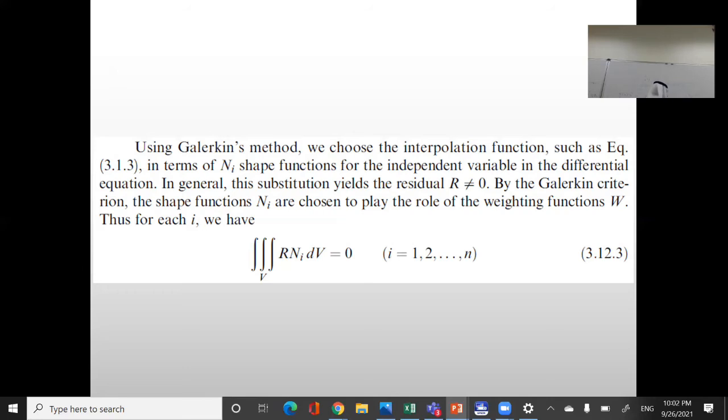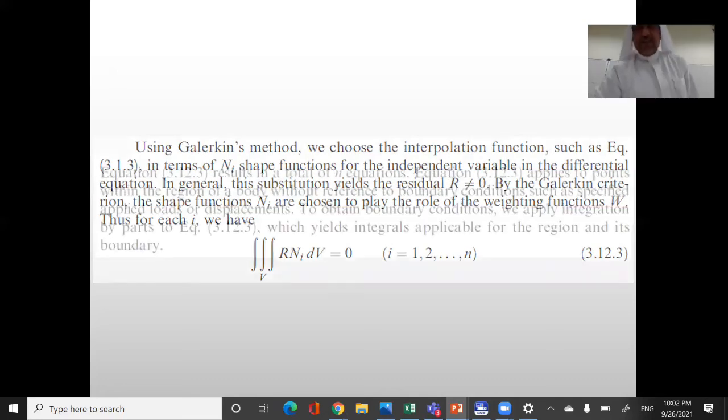If T is constant, dT dx is equal to 0. This is your differential equation: dT dx in the rod is equal to 0. So if this is T, just take the derivative of this and equate it to 0. d dx of du dx EA equals 0. That is your differential equation for the rod.